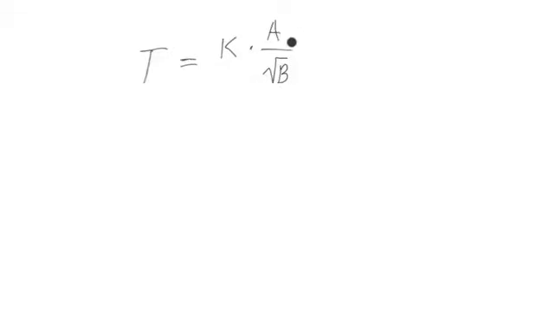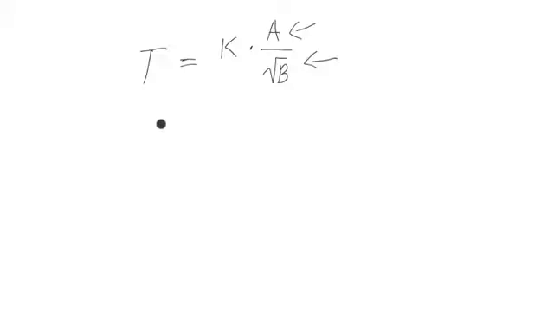So these proportions keep everything in the playing field of multiplication and division. And this is what that would mean if you put it together: some constant of proportionality multiplied by A, but then divided by the square root of B. So directly proportional to A and inversely proportional to the square root of B.